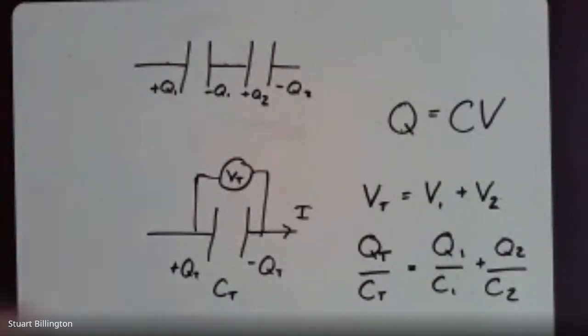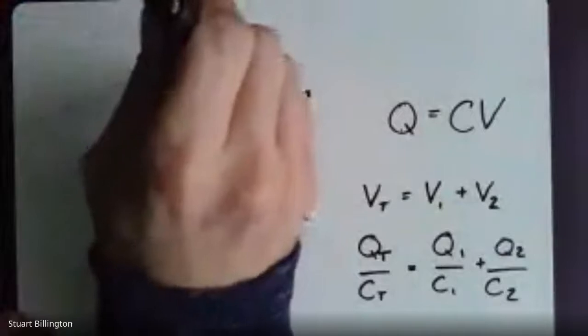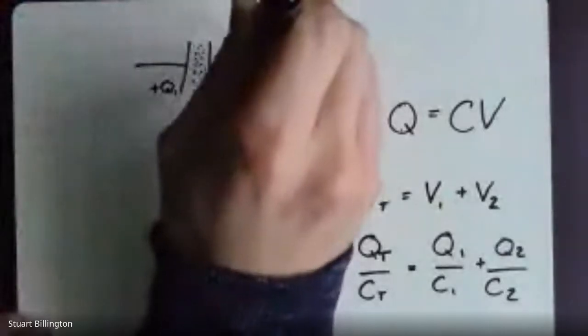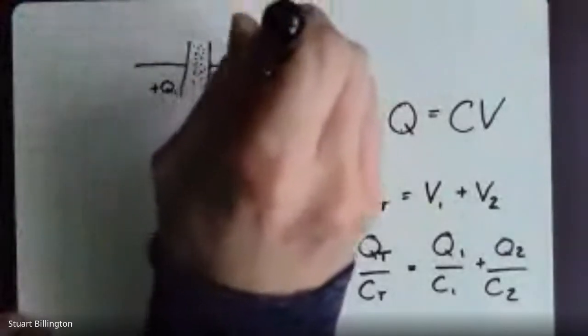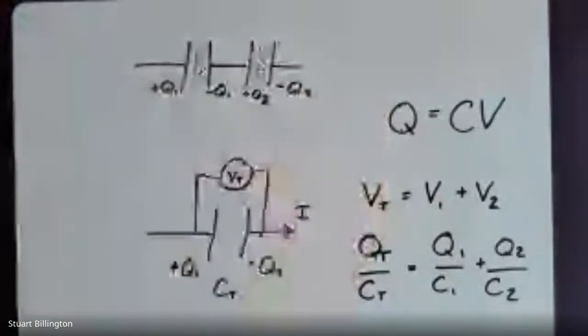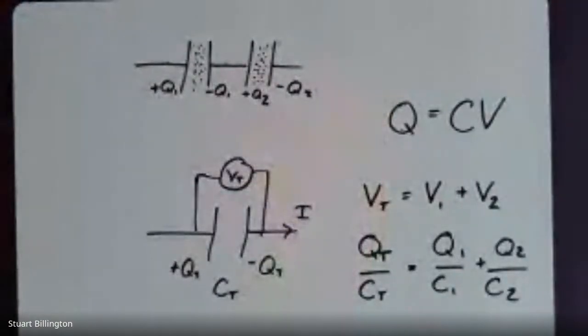Okay, maybe it'll help slightly if I remind you that this bit here is a dielectric, and this bit here is a dielectric. And the definition of the dielectric is that charge cannot pass through it.